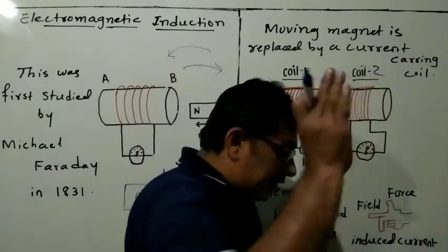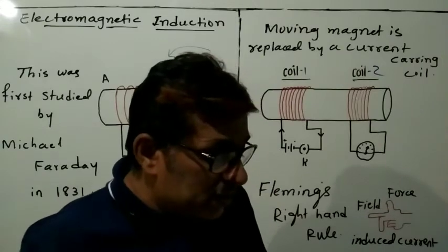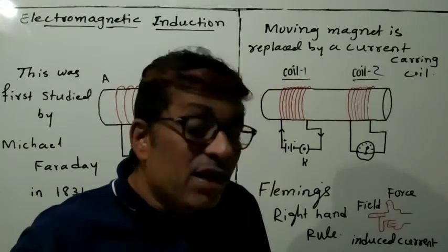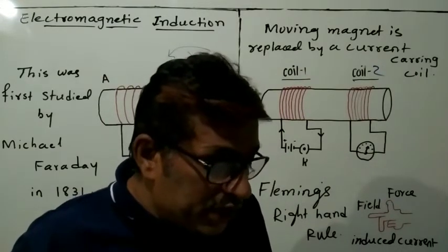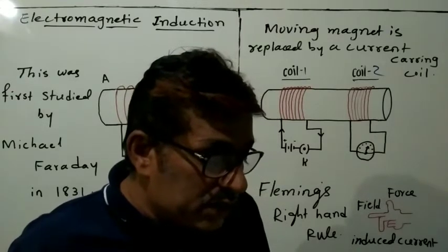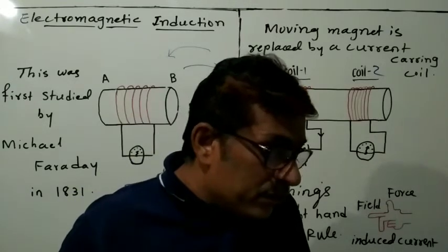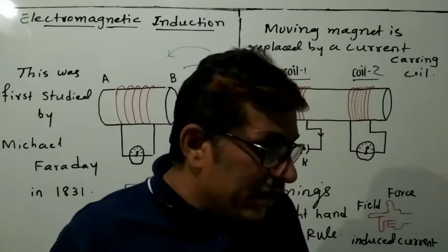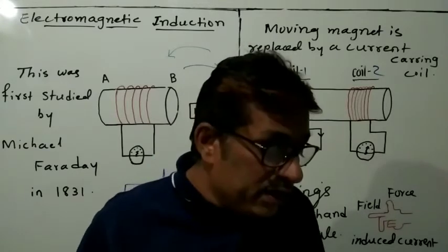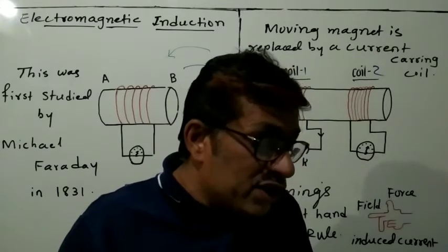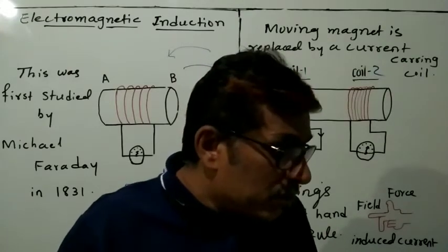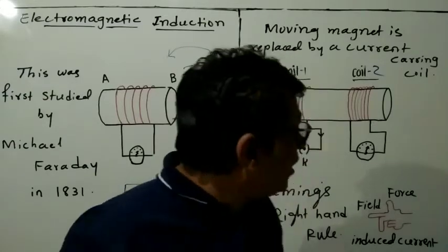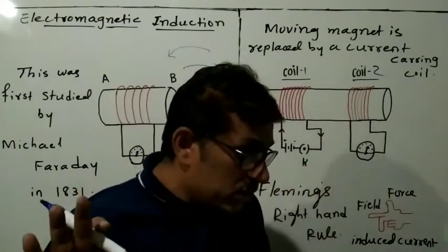As the magnetic field changes, the magnetic field lines around the secondary coil also change. Hence, the change in the magnetic field lines associated with the secondary coil is the cause of the induced electric current, or the produced electric current. So, the electric current is produced.